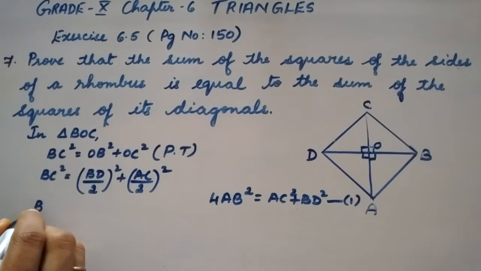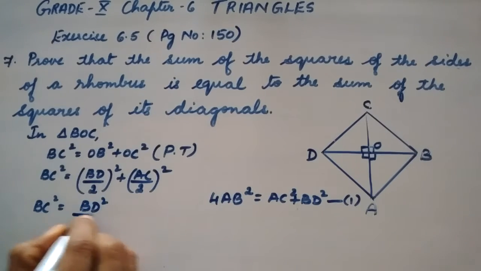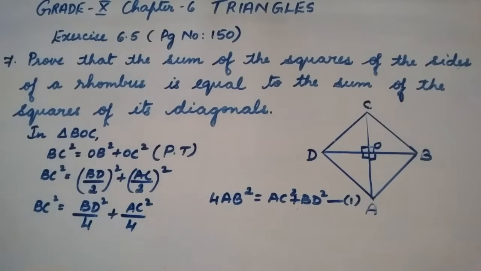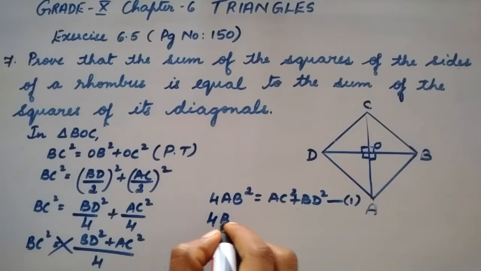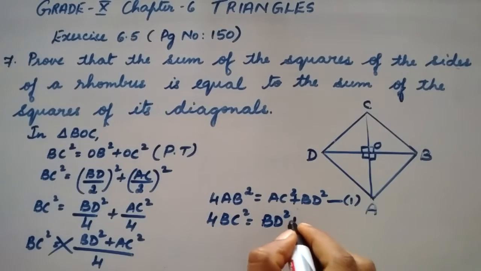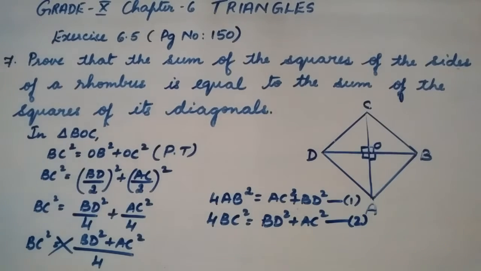So BC square is equal to BD square by 4 plus AC square by 4. Once again take the LCM, you get BD square plus AC square. Cross multiply, you get 4BC square is equal to BD square plus AC square. So take this as 2.